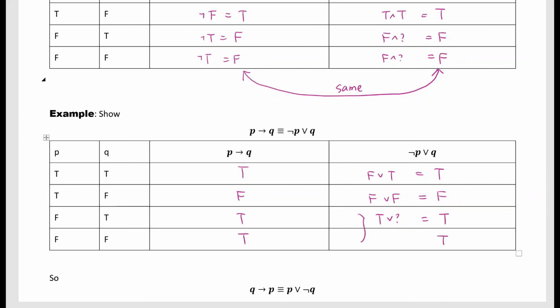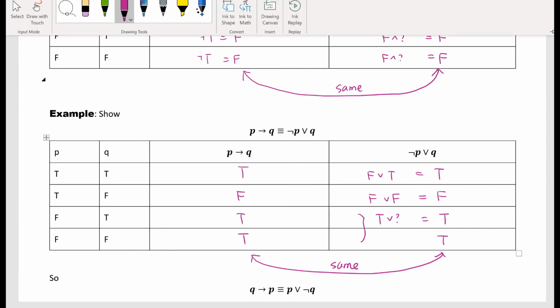So far so good, everybody. Are they the same? Yes. They are the same. So that's why these two propositions are logical equivalent. And this proposition is so important. I want to highlight it.